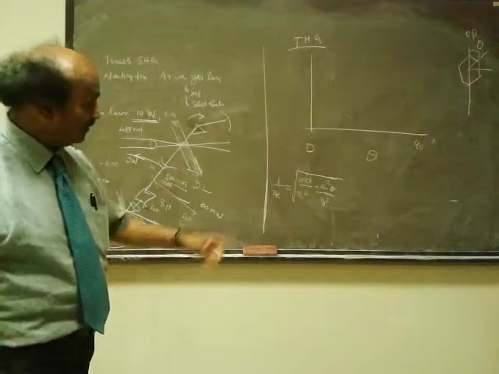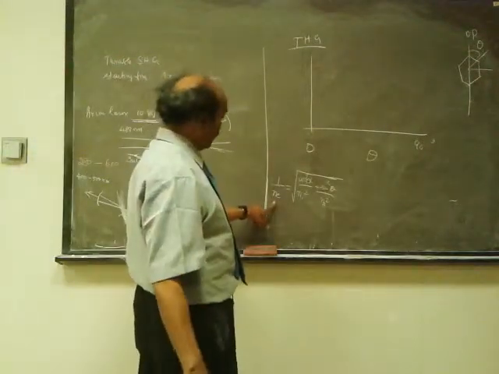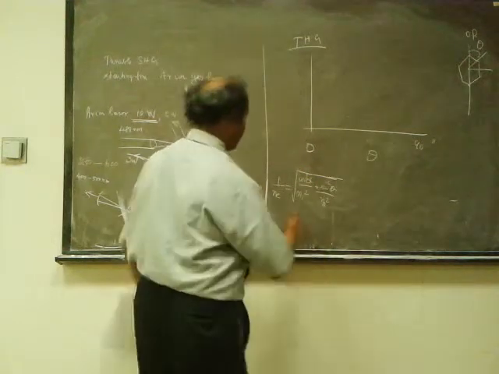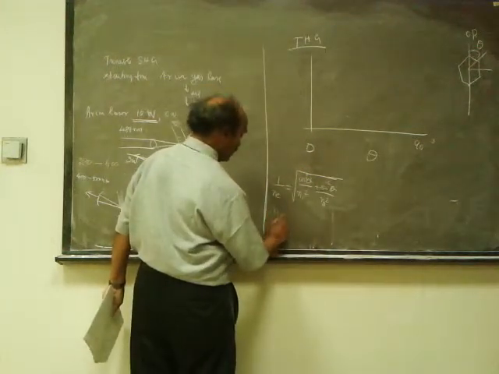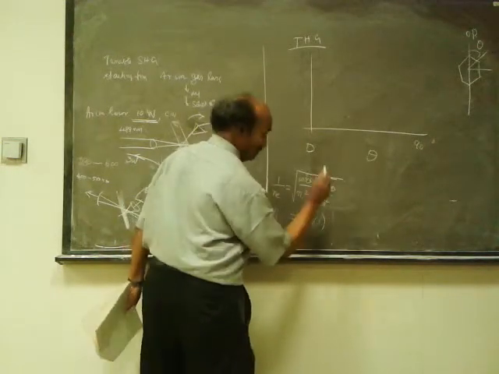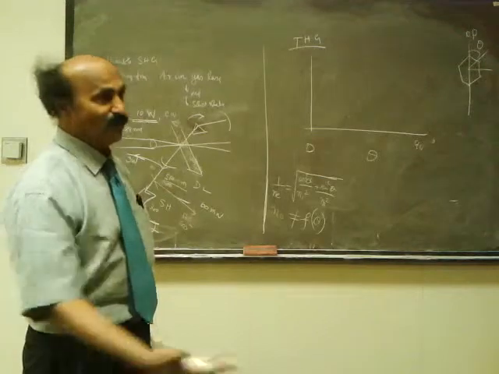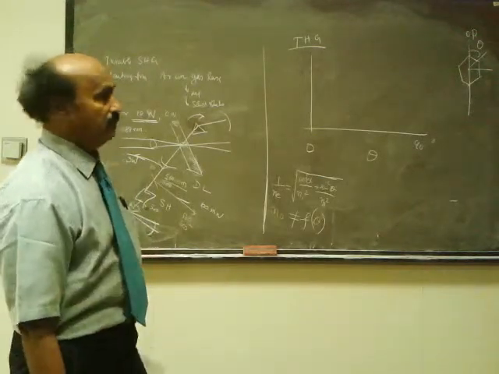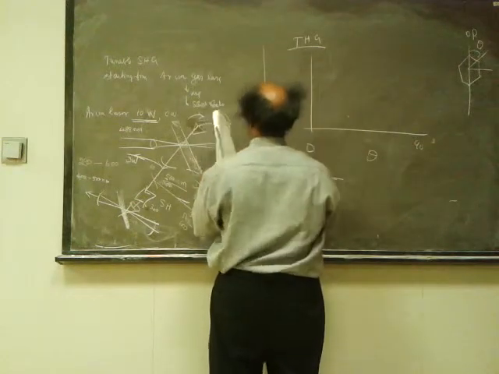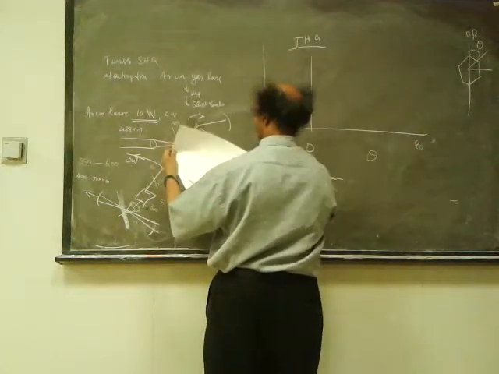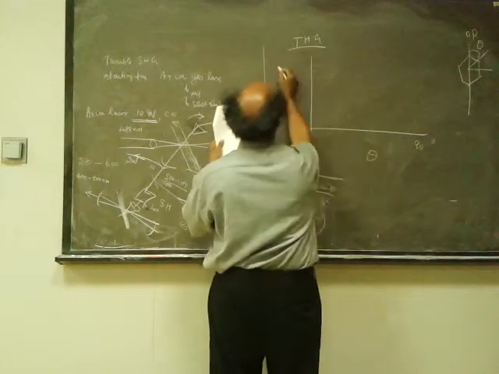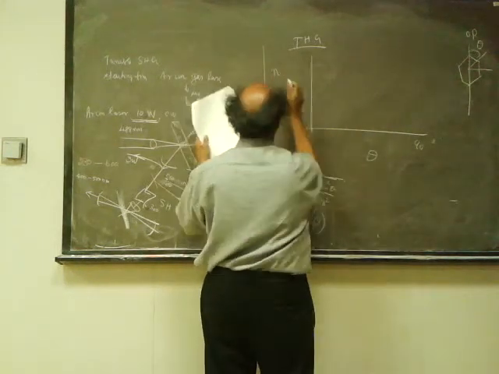So the refractive index for this one is a function of theta. Okay? On the other hand, the refractive index of the O ray is not a function of theta. It is a constant. It's some value. Now then, I draw the refractive index. This is refractive index.